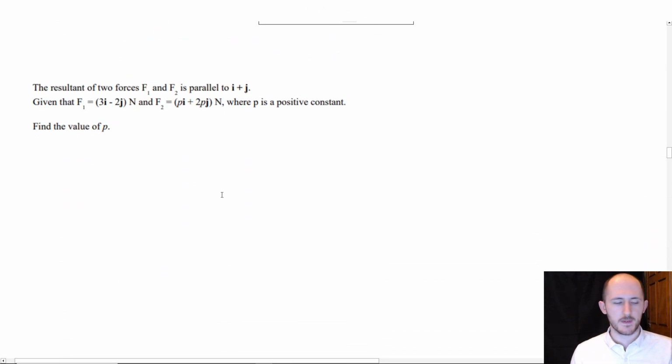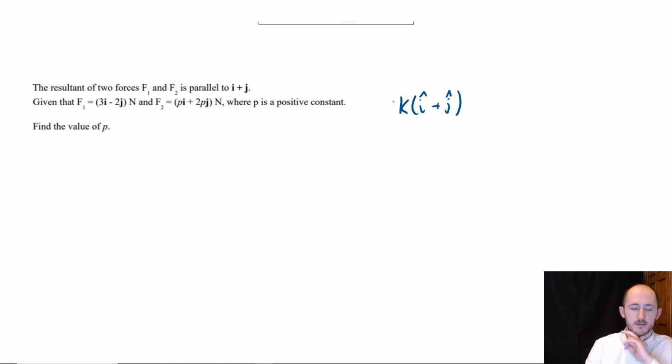Cool. Okay, with this one, it's a bit more interesting. It said the resultant of two forces F1 and F2 is parallel to i plus j. If you remember what parallel vectors means, it means that they are the same, however, they've been multiplied by some constant, which I'm just going to call k, because constant starts with a k, of course.